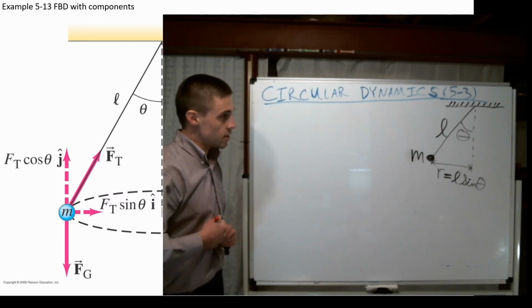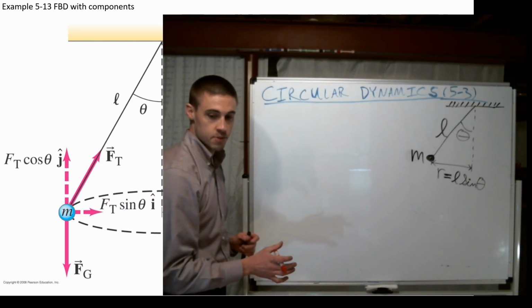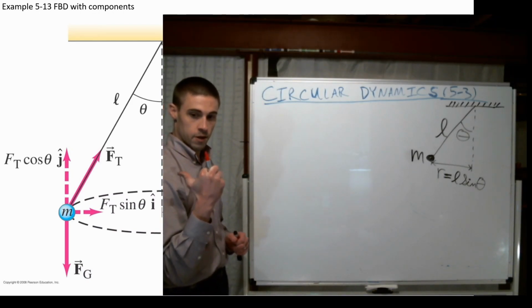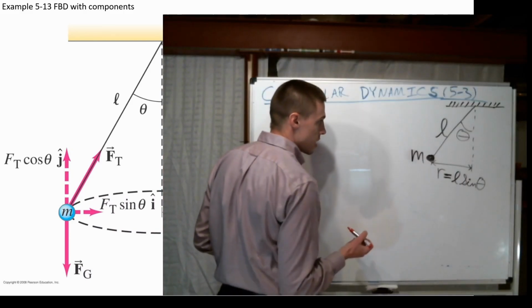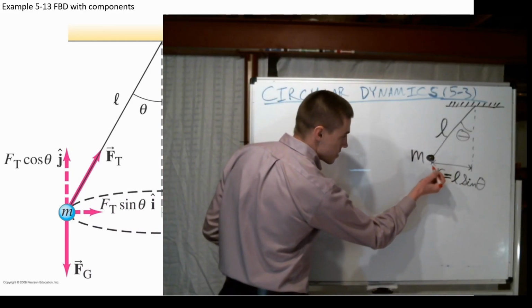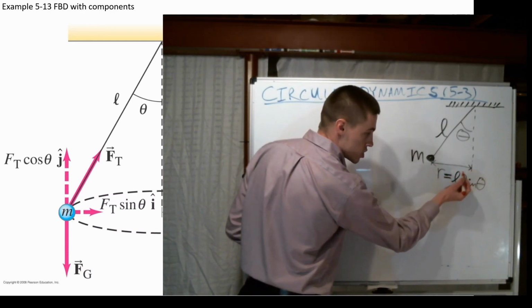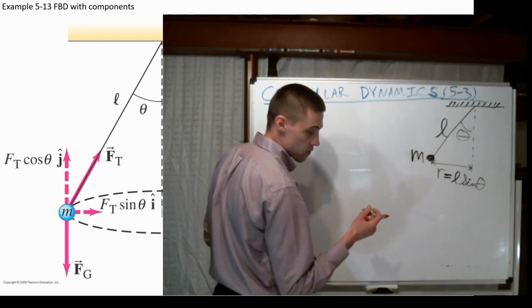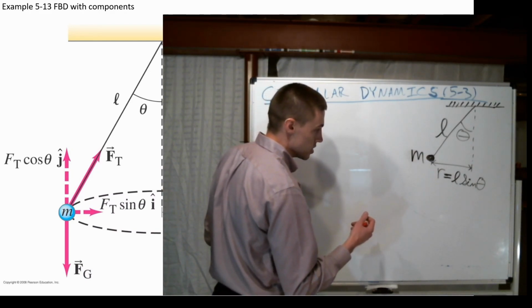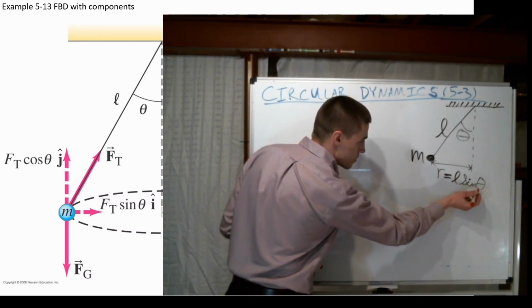Now, I've drawn my picture up here, and you can see the full free body diagram from the textbook right over there. I have my mass m and the string L. And this distance from the object to its center of motion, which is the relevant radius that we've been using in the v squared over r for the centripetal acceleration, is this distance here, r, which is just L times sine theta.